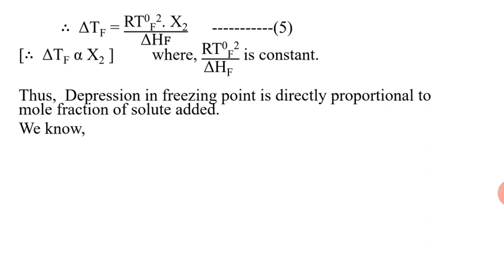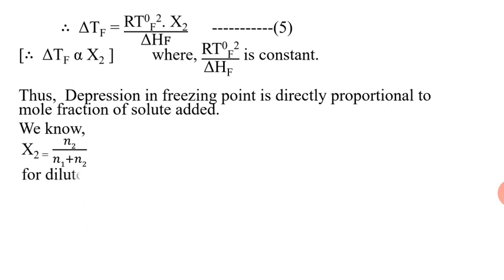We know x2 is equal to mole fraction of second component. By definition of mole fraction, it is the number of moles of second component upon number of moles of total components. That's why x2 is equal to n2 divided by n1 plus n2.